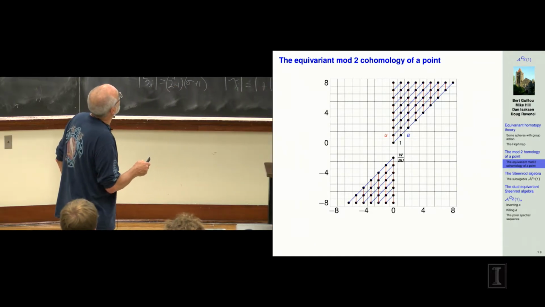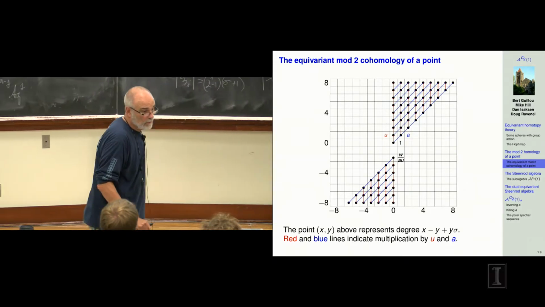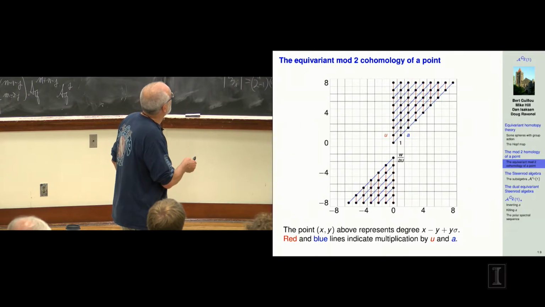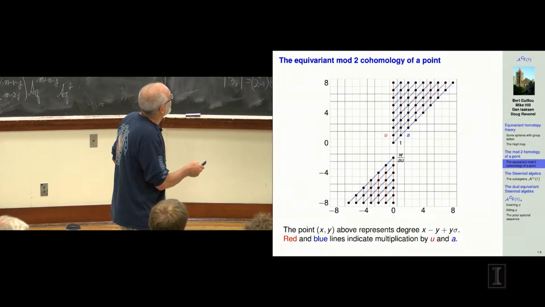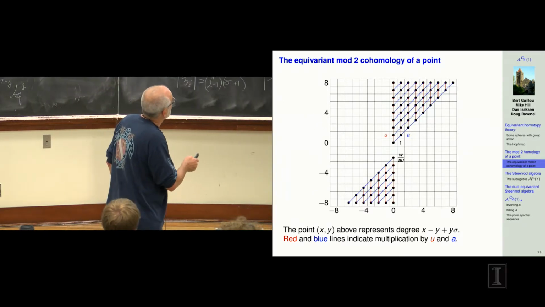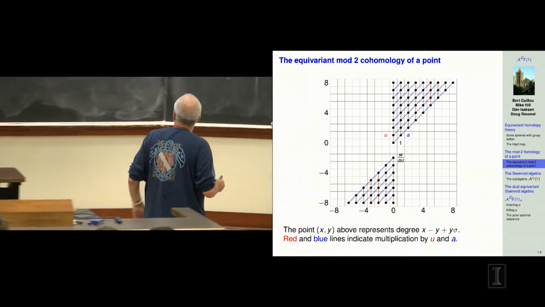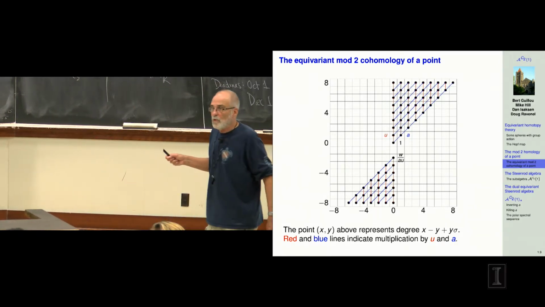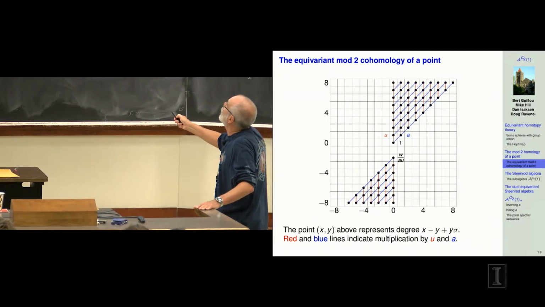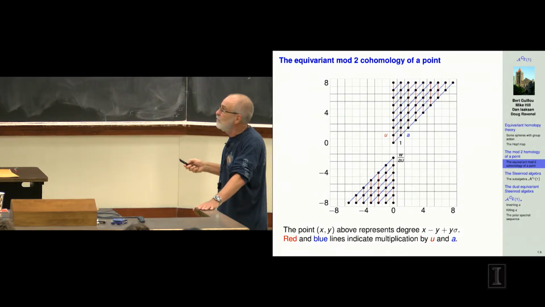The red lines indicate multiplication by U, the blue lines indicate multiplication by A, and the point (x, y) in this chart represents this bidegree. So the horizontal degree is the total dimension of the representation, and the vertical degree is what the motivic people would call the weight. And so this piece up here is a polynomial algebra on U and A, and this piece down here is the negative cone.